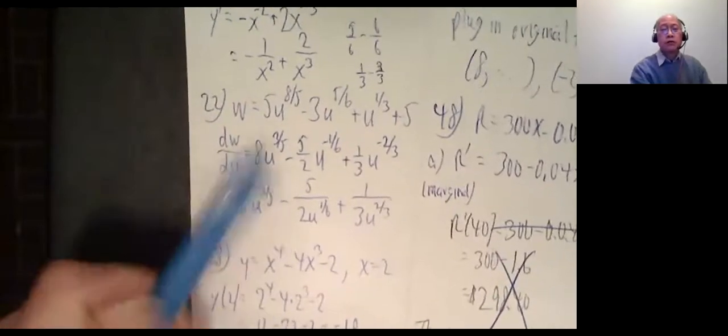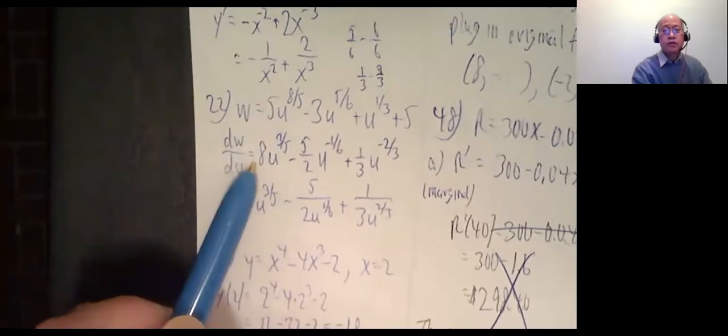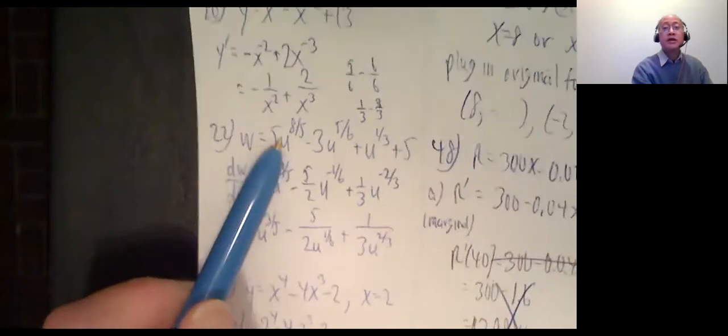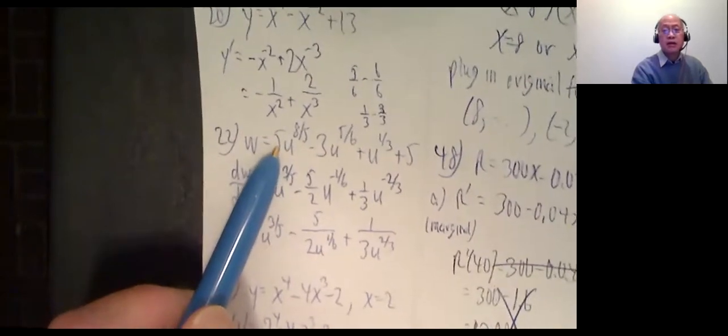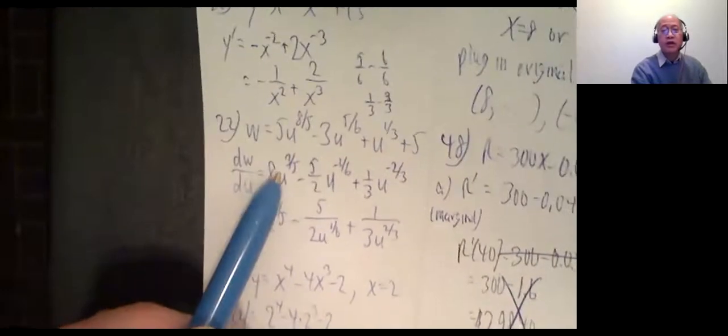Okay, so 5u to the 8/5. I multiply, but if you multiply these two, the 5 cancels out, right? So your new coefficient is 8. u to the 3/5, right? 8 over 5 minus 5 over 5 is 3 over 5.